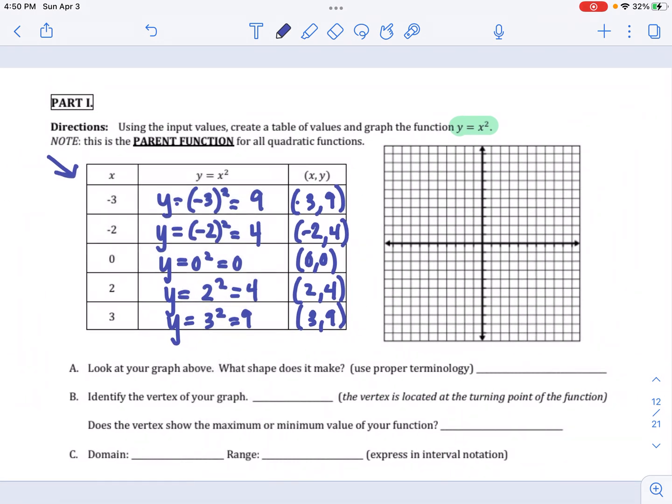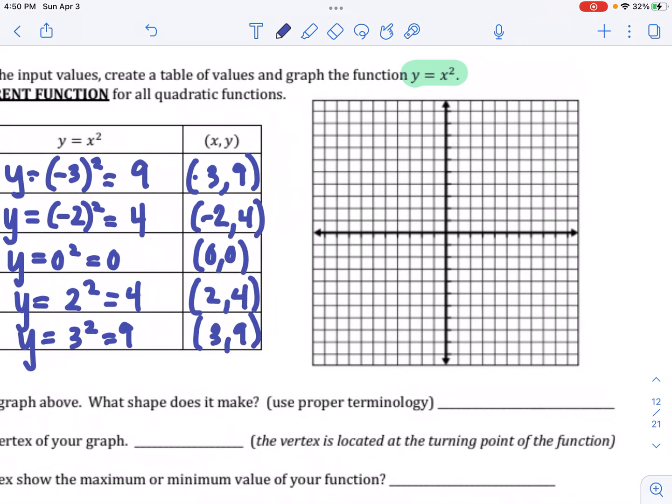Now that we've inputted those 5 different x values, let's graph all of these points here. So I'm going to start with (-3, 9). As I'm doing it on my paper, you can do it on yours.